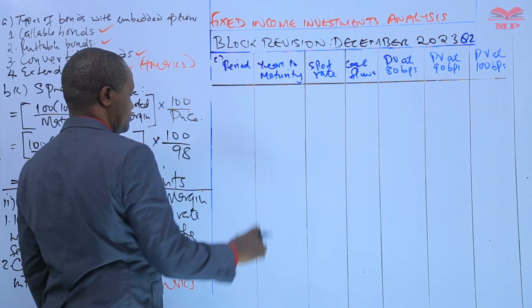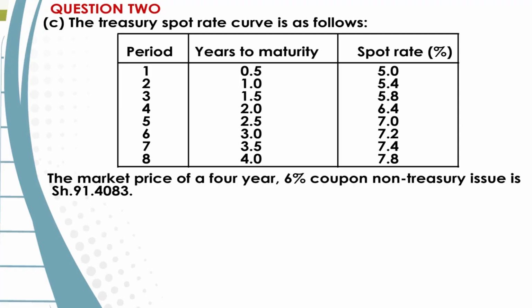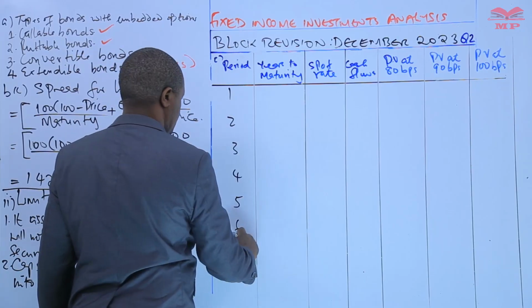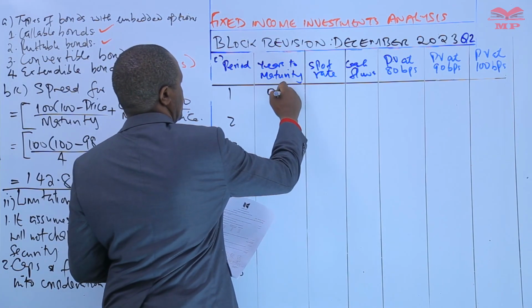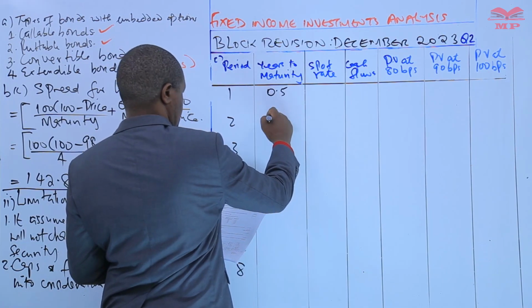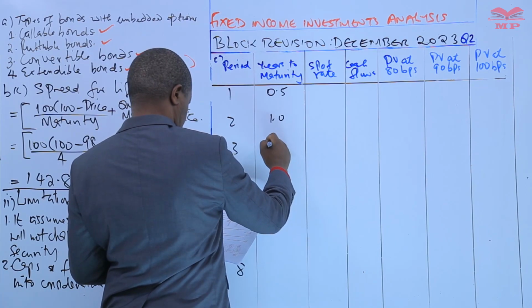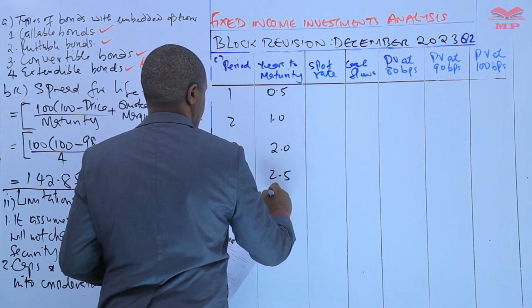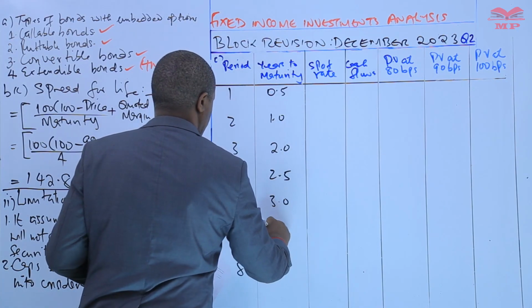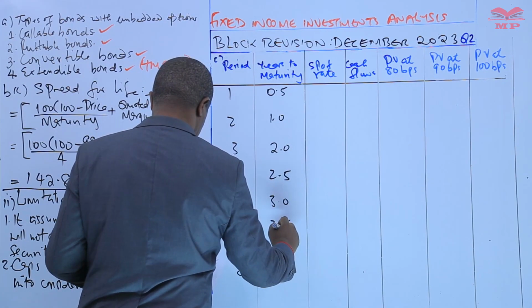We have periods from the question, 8 periods. Years to maturity: 0.5, 1.0, 1.5, 2.0, 2.5, 3.0, 3.5.